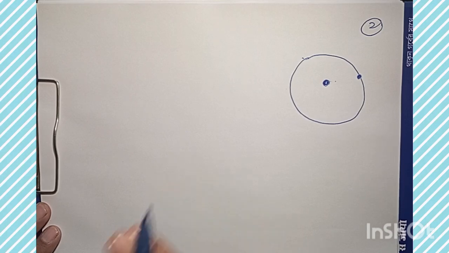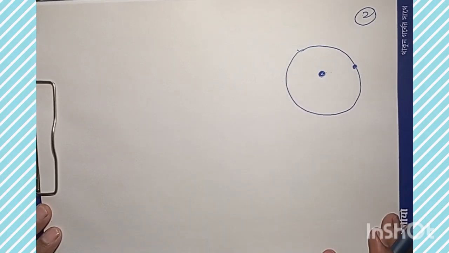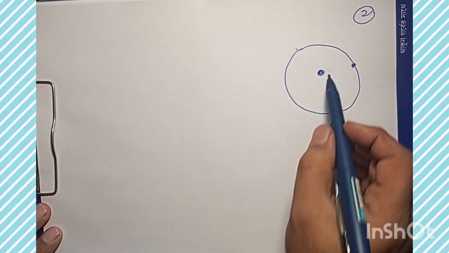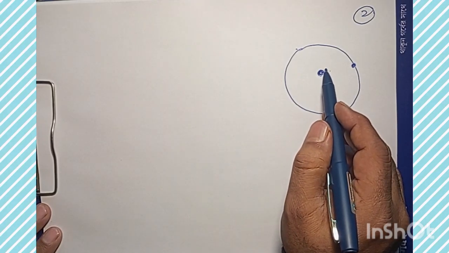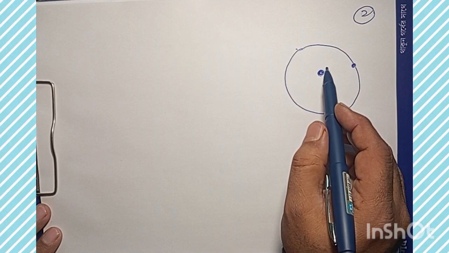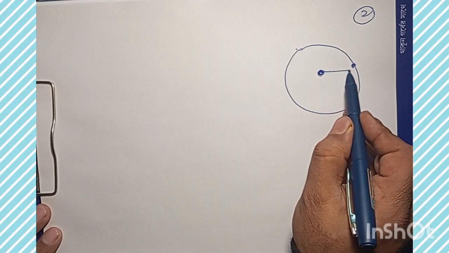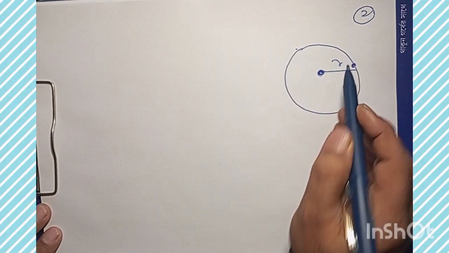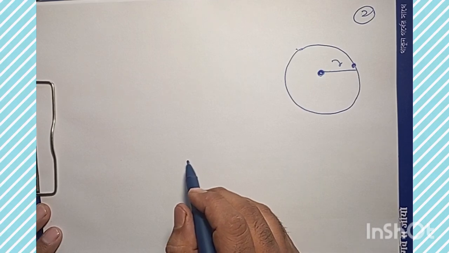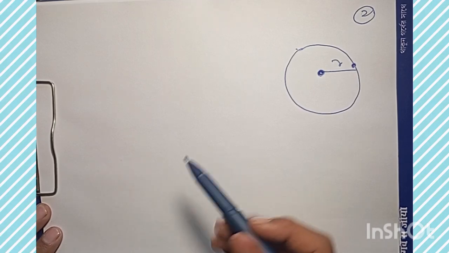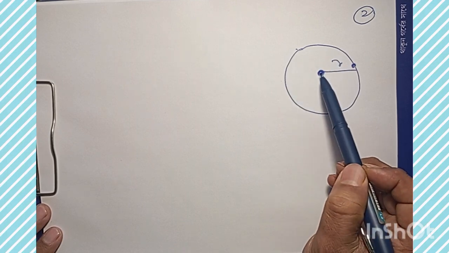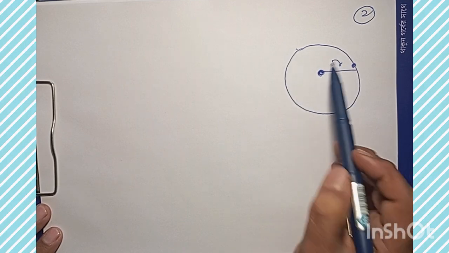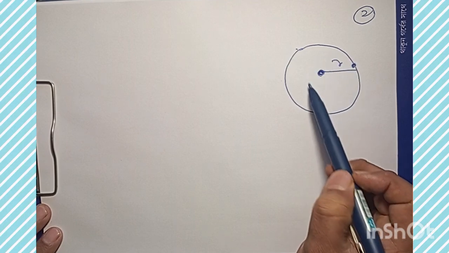Taking the simplest case here, let me assume that this atom has an orbit, and the radius of its orbit is r. So what I am considering here is that the electron is revolving around the nucleus of an atom in an orbit of radius r.